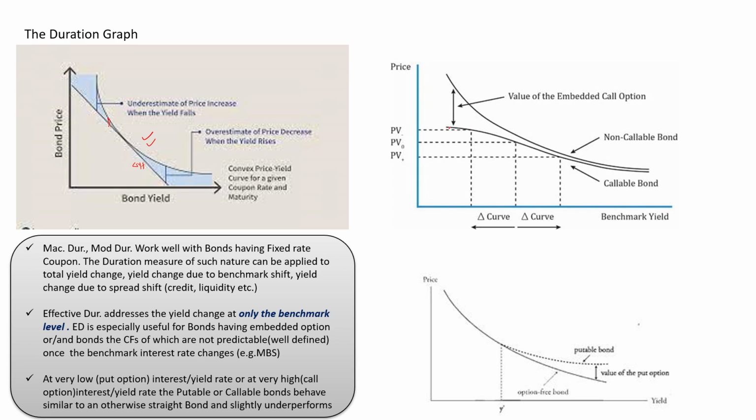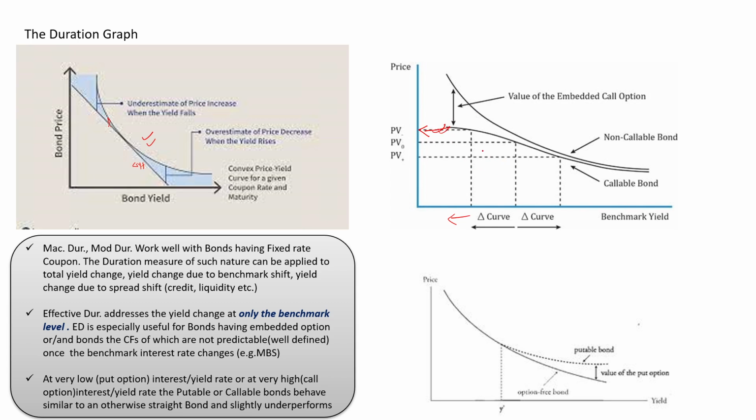Naturally, the market will cap the value of such a bond, even with the interest rate declining to a substantial level, to the strike price of the call schedule. So beyond a certain price, the price of the bond will not increase further, even though the interest rate may become substantially low, because the bond will eventually be called.